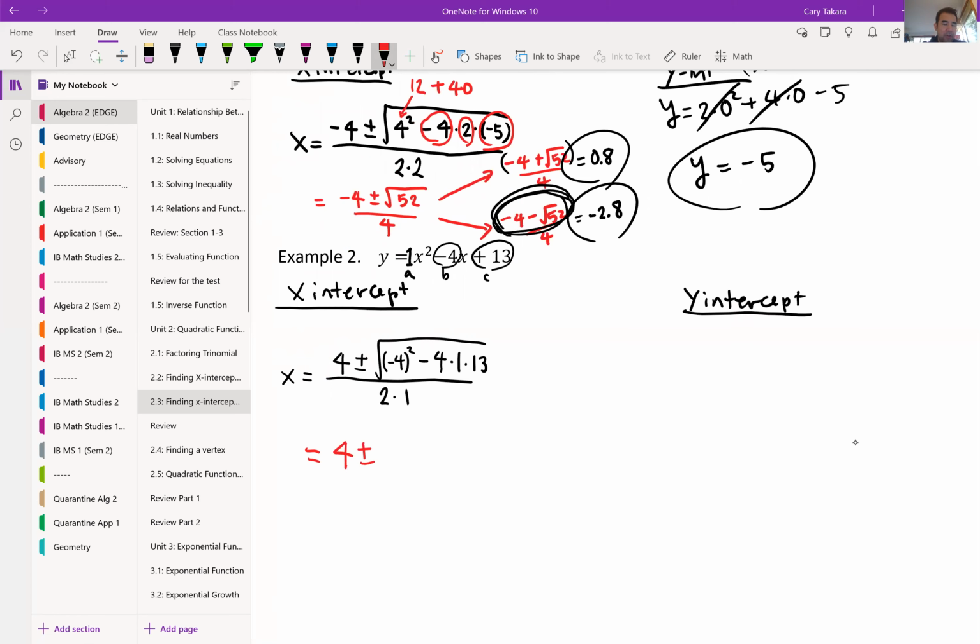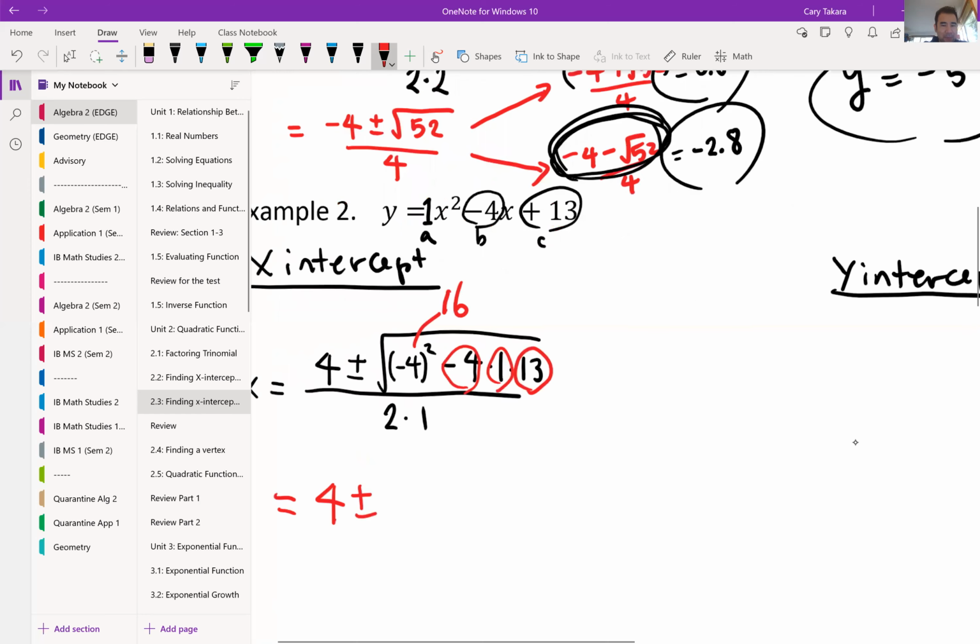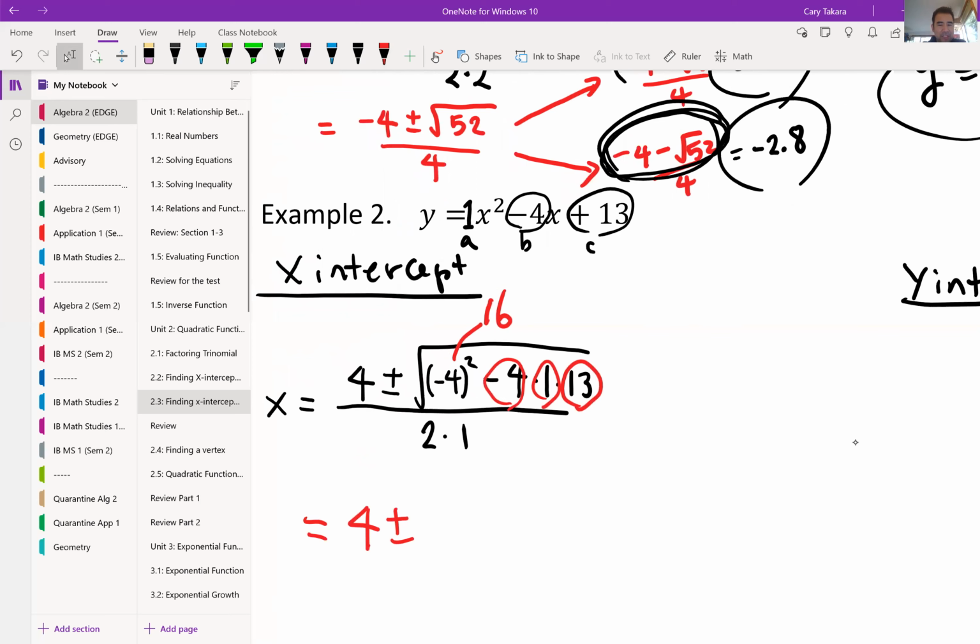Now, let's keep going on this. First of all, negative 4, that's in parentheses, it's negative 4 squared. That means negative 4 times negative 4. What happens if you square a negative number? It becomes a positive number, right? So this is a positive 16. And then negative 4 times 1 times 13.